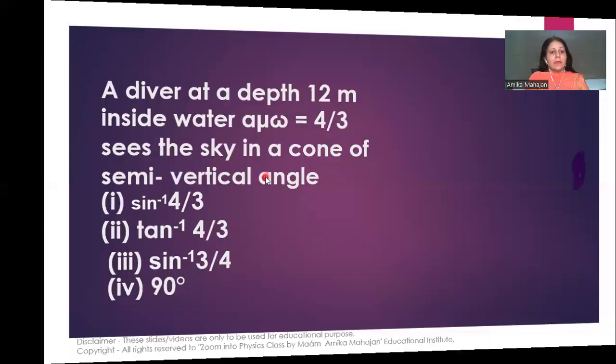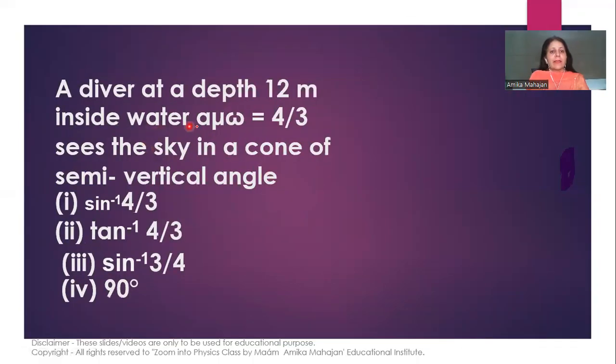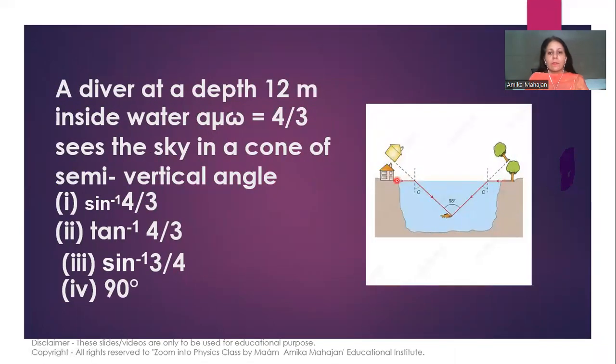Second question: a diver at a depth of 12 meters inside water with refractive index 4/3 sees the sky in a cone of semi-vertical angle. Four options are there. We have to choose the correct one. So this is the situation actually. Here is the ray, which is along the interface. So naturally this angle in the denser medium will be the critical angle. Now if I draw a dotted line here, this will be the semi-vertical angle.